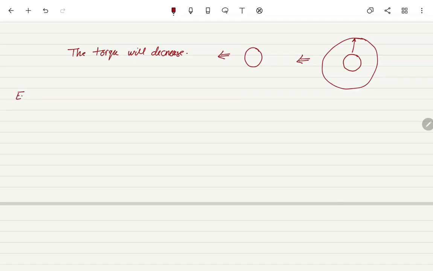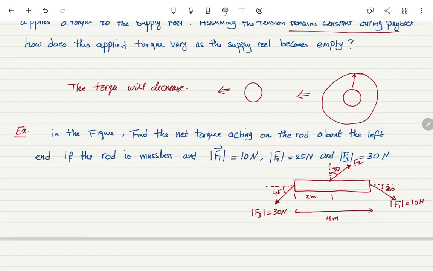Example: in the figure, find the net torque acting on the rod about the left end if the rod is massless, and F1 has a magnitude equal to 10 newtons, F2 equals 25 newtons, and F3 equals 30 newtons.